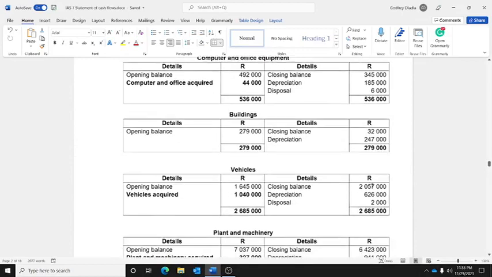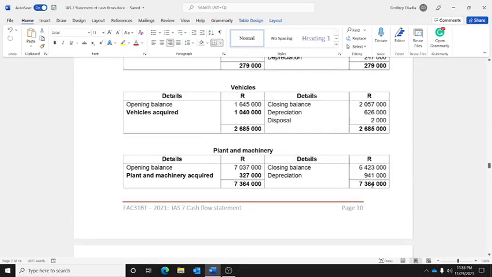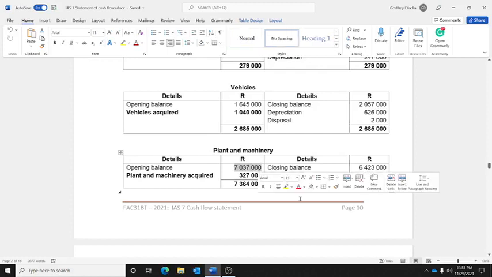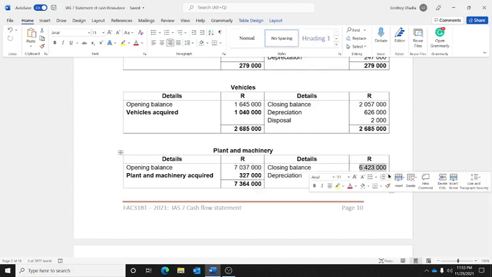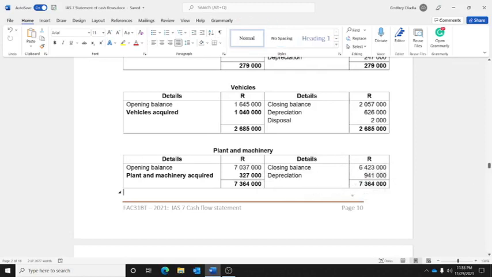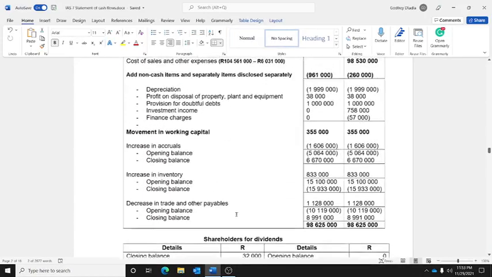In the T account, you've got opening here, closing, the depreciation, this side, then you balance this one. So the credit side is bigger than the debit, so you minus this one, then it will tell you that you acquired plant and machinery of 327.